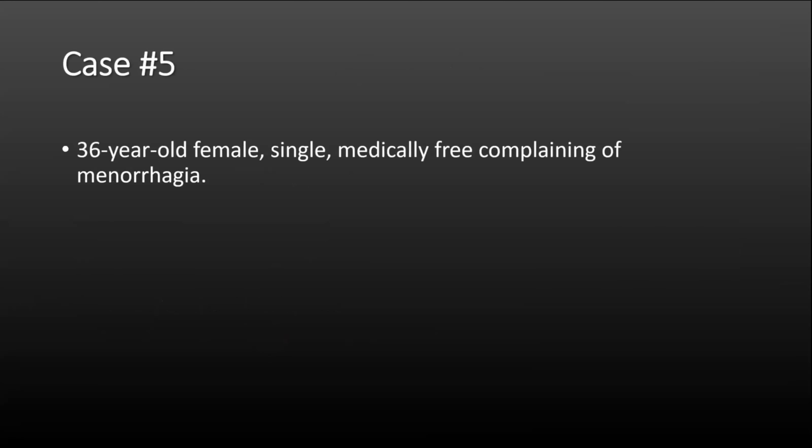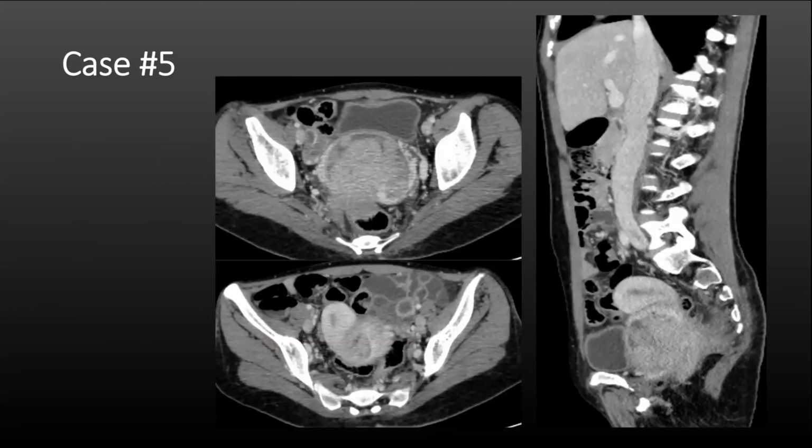Moving on, this is case number 5. This is a 36-year-old female, single, medically free, complaining of menorrhagia. I'll show you the CT and MR together. I'll give you a couple of seconds to look at the CT before I go to the MRI.